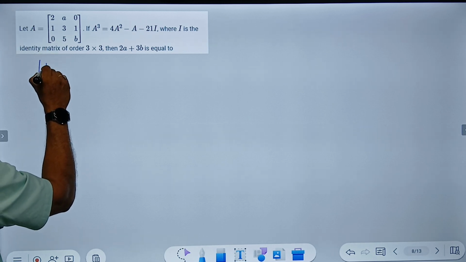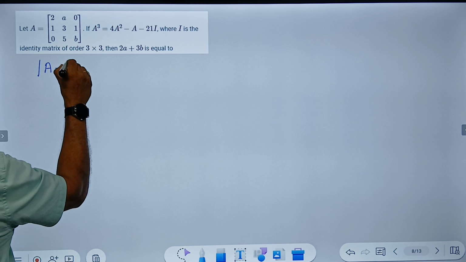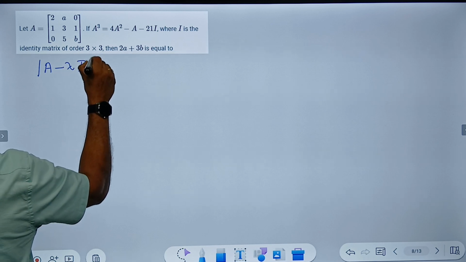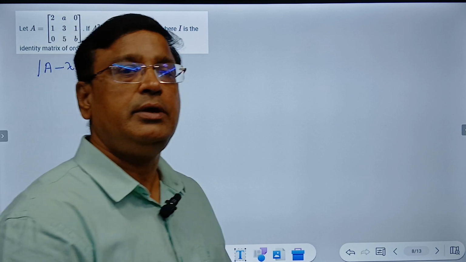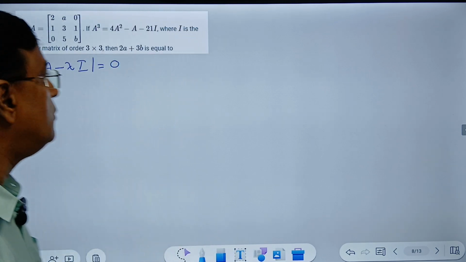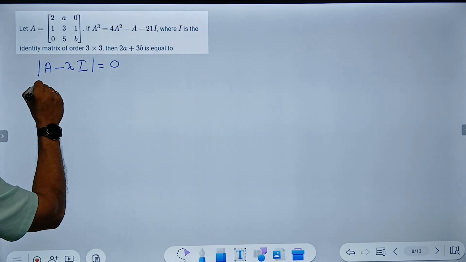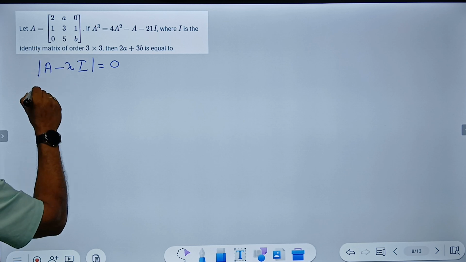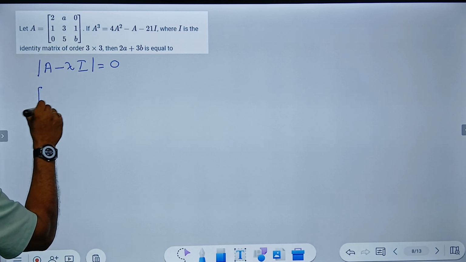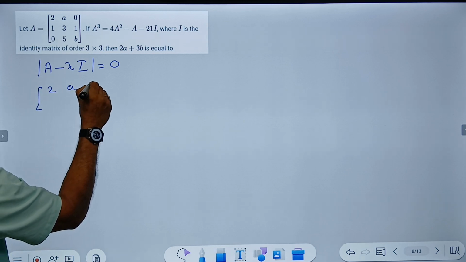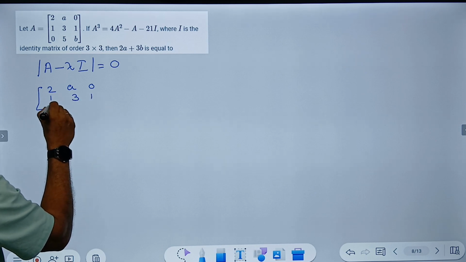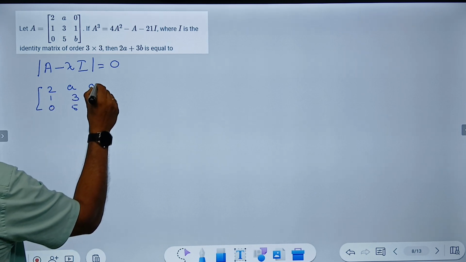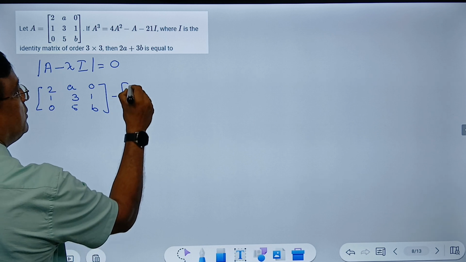A characteristic equation is given by determinant of A minus lambda I equal to 0. So for a 3 by 3 matrix, A minus lambda I equal to 0. Now what is A minus lambda I? A is 2, a, 0, 1, 3, 1, 0, 5, b, minus lambda I. What is lambda I?